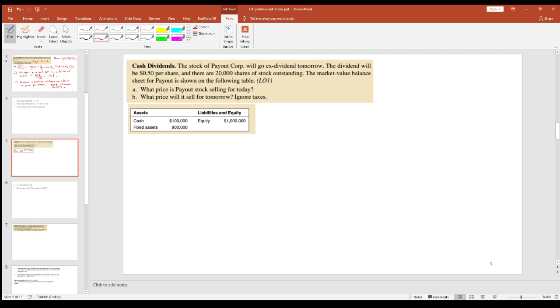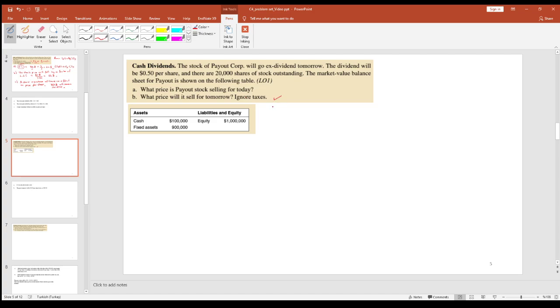The dividend will be 50 cents per share, and there are 20,000 shares of stock outstanding. The market value balance sheet for Payout is shown in the following table. So A, what price is Payout stock selling for today? B, what price will it sell for tomorrow?